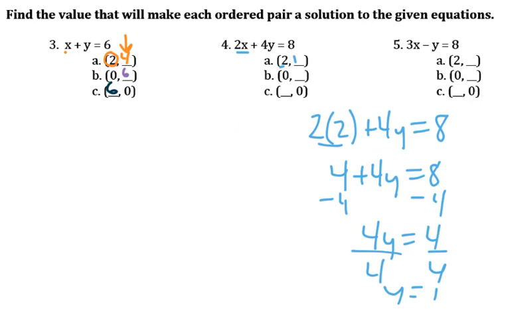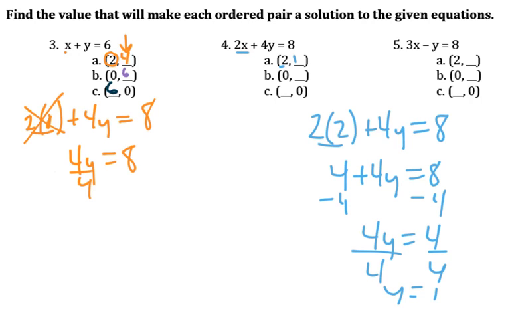Then we do it for the next one. So 0 for x, 2 times 0 plus 4y equals 8. We solve for y. 2 times 0 is 0, so that eliminates. So 4y equals 8, divide by 4, and y equals 2.